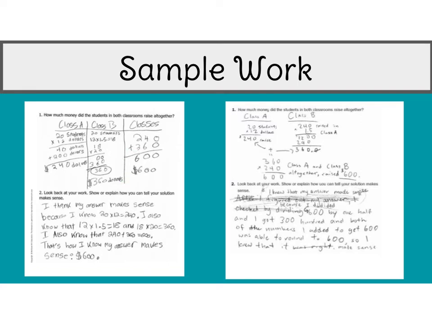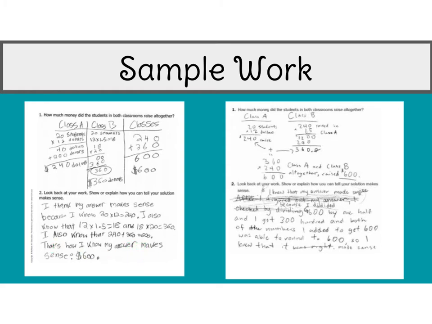The first thing that you want to think about is, does their answer make sense? Do you understand why they did what they did? Let's look back to see how they explained. I think my answer makes sense because I know 20 times 12 equals 240. I also know that 12 times 1 and 5/10 equals 18, and 18 times 20 equals 360. I also know that 240 plus 360 equals 600.